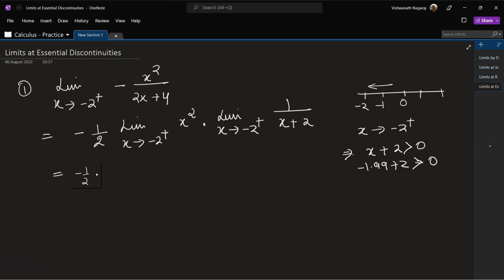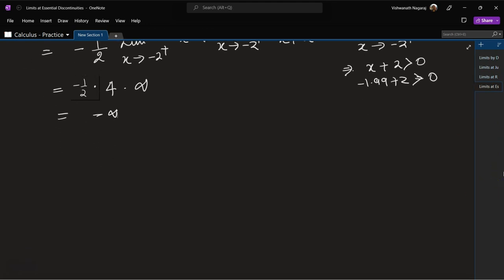So this becomes minus 2 square is 4 times 1 by, this is going to become a very small positive number. So which means 1 by a very small number means it is going to be infinity. Minus half times 4 times infinity is minus infinity. Okay. So this is our first problem.